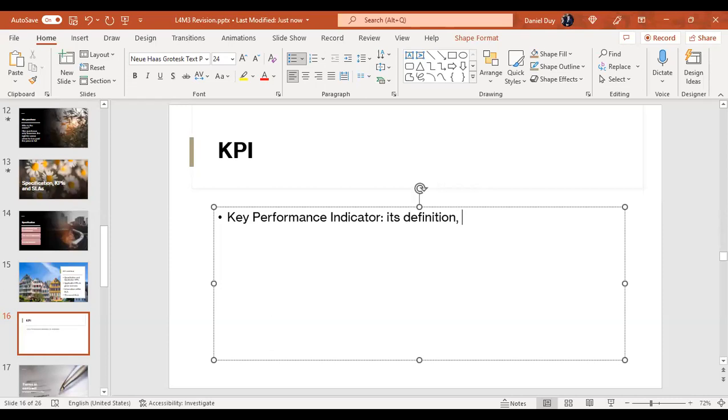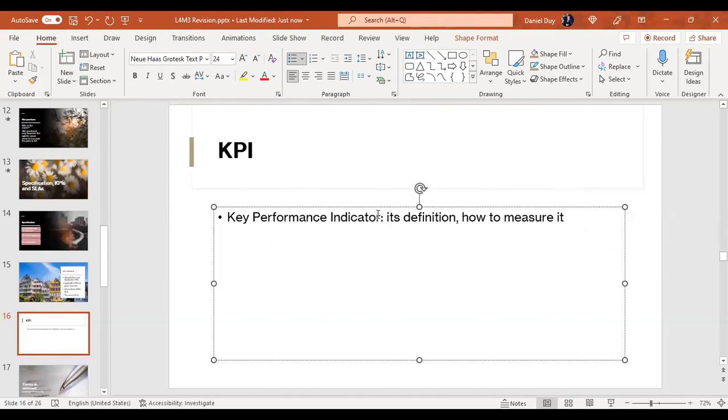And how to measure it? Like for the defect rate, you measure by the number of defective products over the total number of delivered goods. So we have a percentage. That's the defect rate.